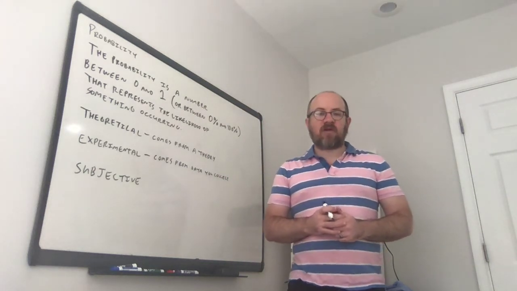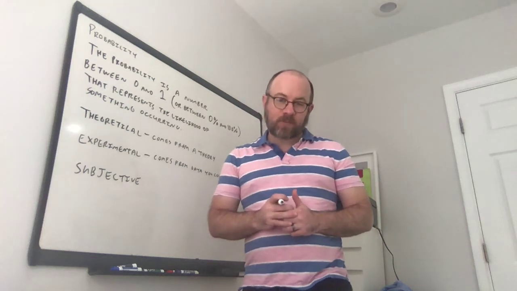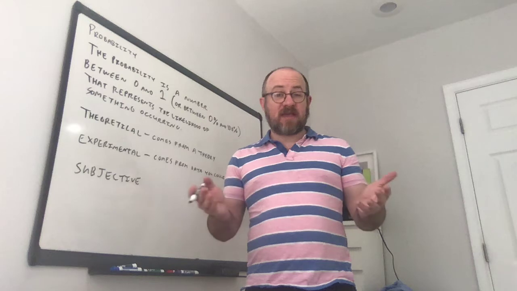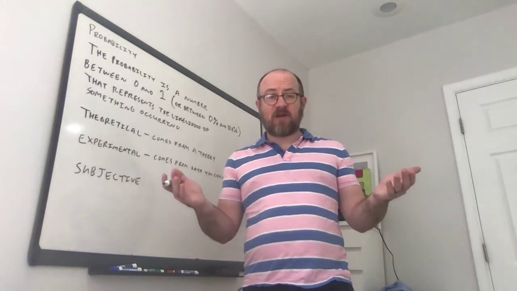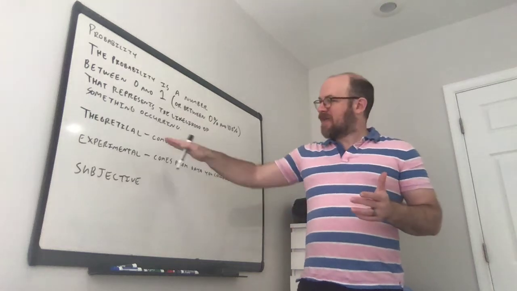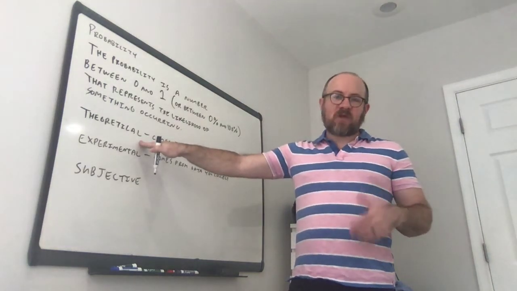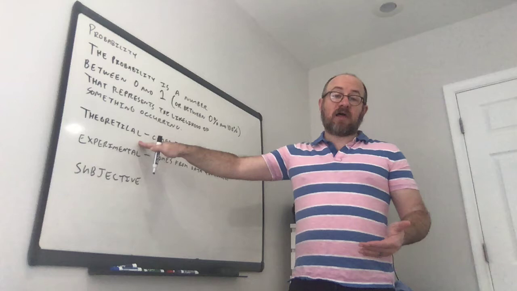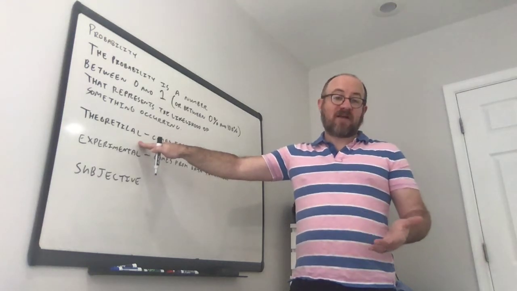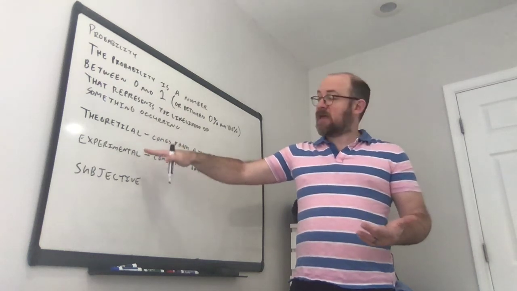Okay? So sometimes it can be tough to tell what something is. For example, if you're watching a weather report, the meteorologist might say there's a 25% chance of rain on Thursday. That's theoretical probability. They're saying we've studied all the meteorological theory, and we think that it's 25% likely that there will be a rainstorm on Thursday.